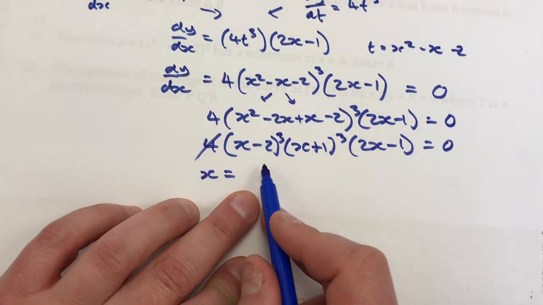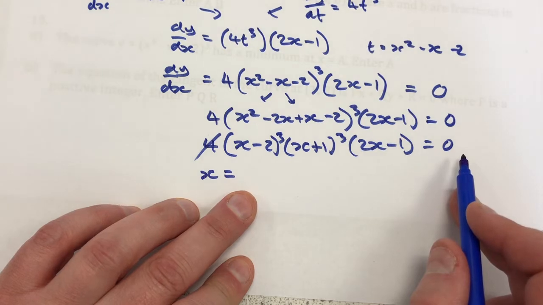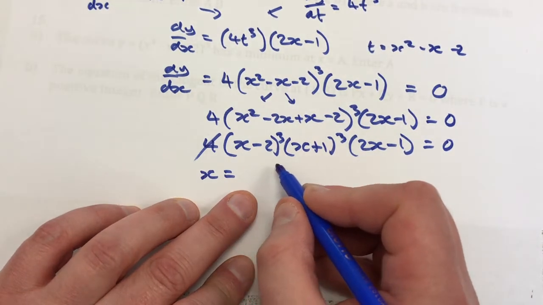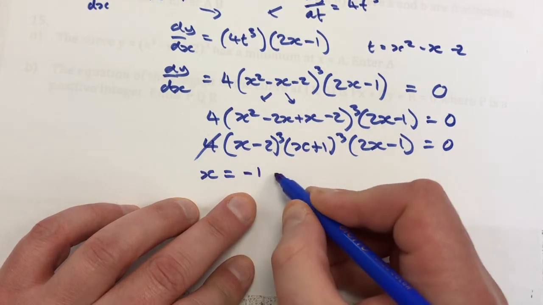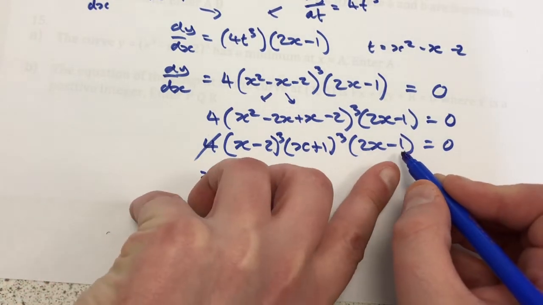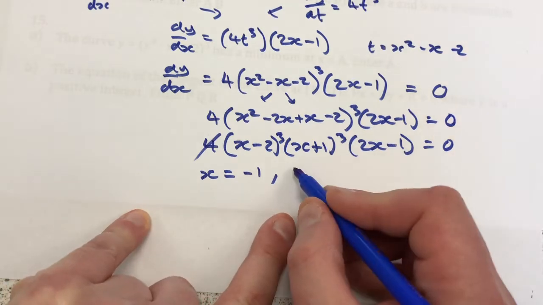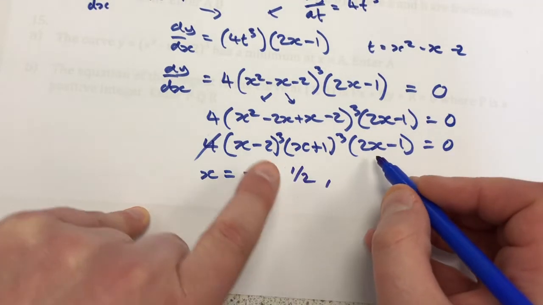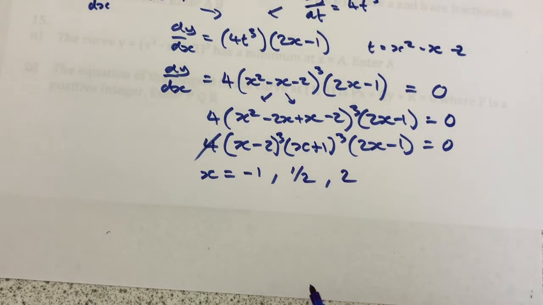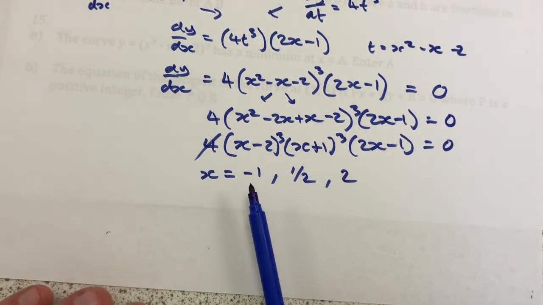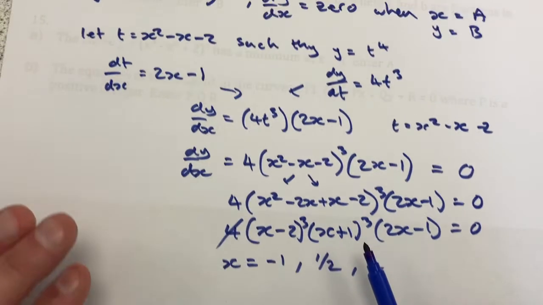But clearly we have 3 x values which produce a gradient of 0, and that's going to be when x equals this one, which will be minus 1, this one, which is a half, or this one, which is 2. So how can we tell which of these is going to be, as we say, a maxima of some kind?